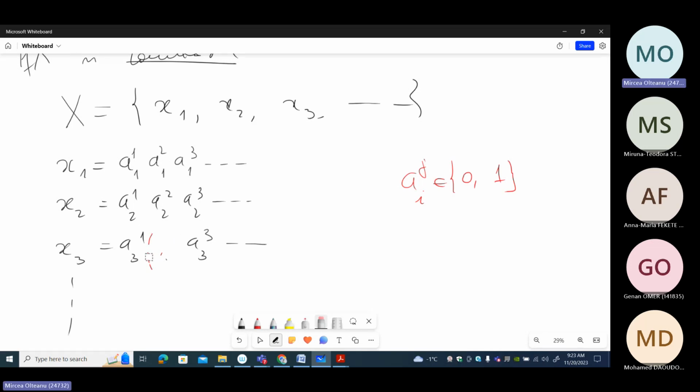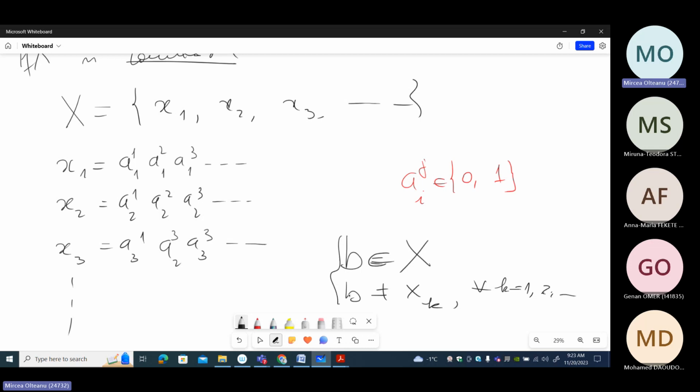And now we need a contradiction. We need something to contradict our hypothesis that we can write all this set as a sequence. Well, to do that, we need to define an element B, which must be in X and must be different from any Xk, for k equals 1, 2, and so on.